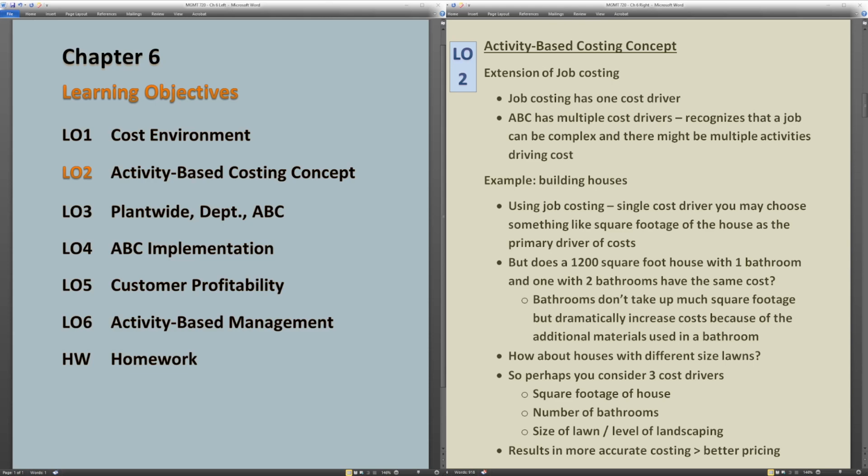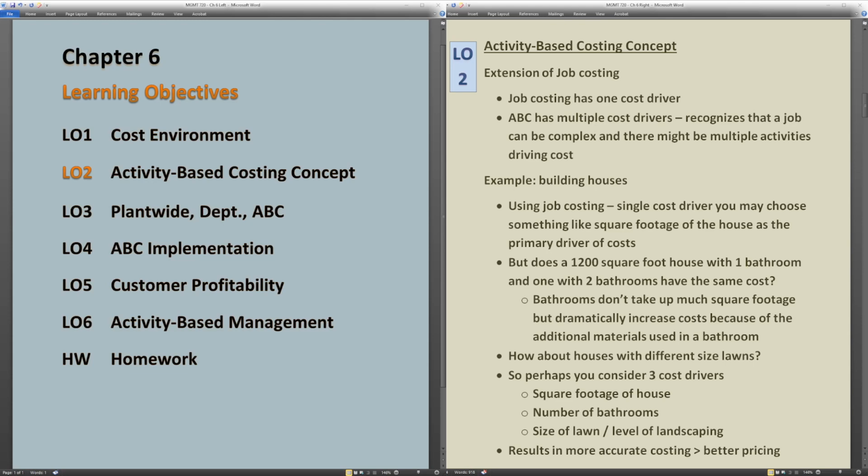So what's an example? If we're building a house, we could say maybe our best cost driver for how expensive or how costly a house is from the builder's point of view is the square footage. And that just is all encompassing. Okay, the bigger, that makes sense. And it's not a wrong cost driver, but it may not be completely accurate. For example, some things in a house are costly, but are not really derived from square footage.